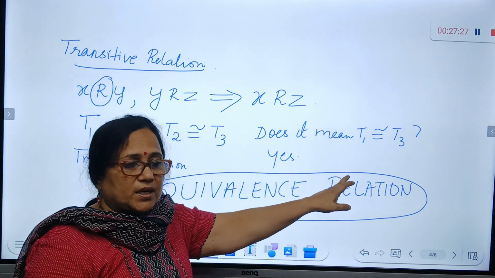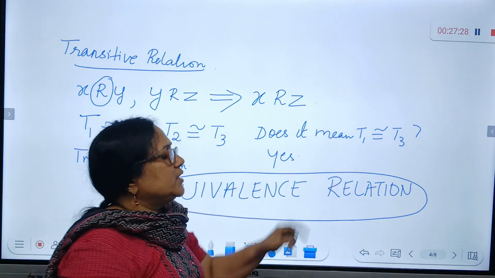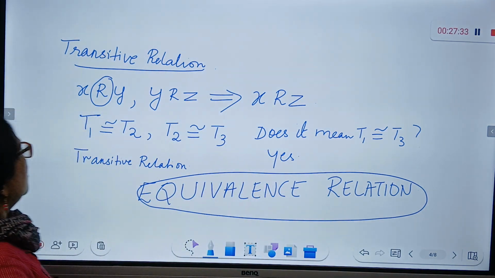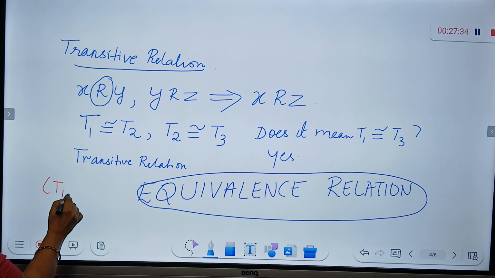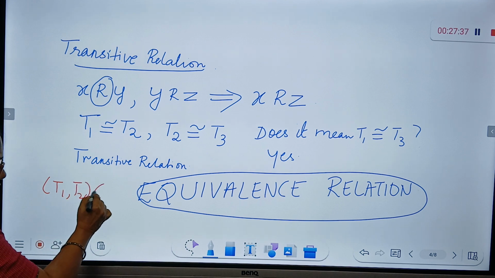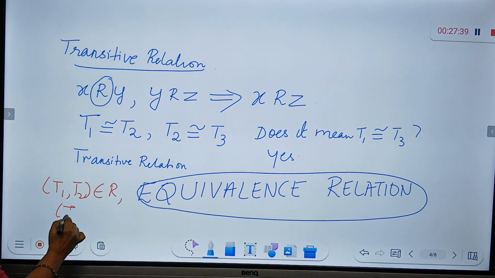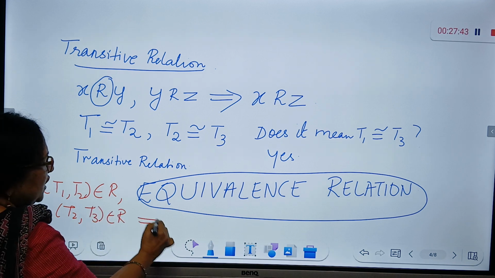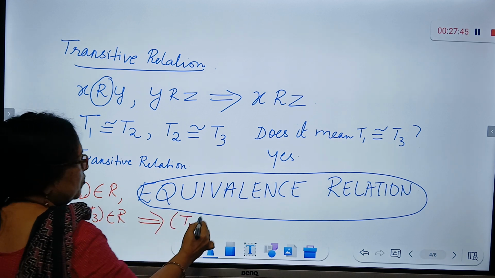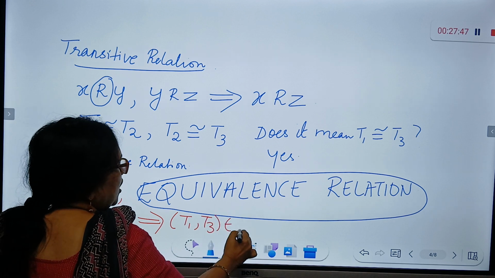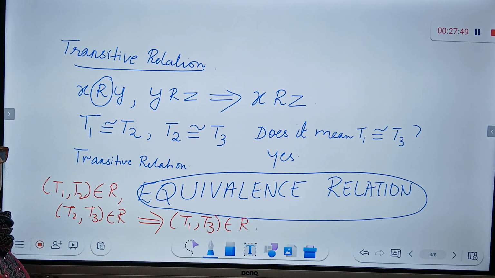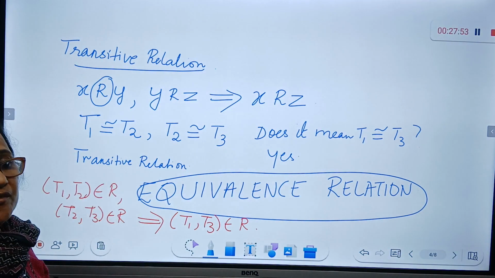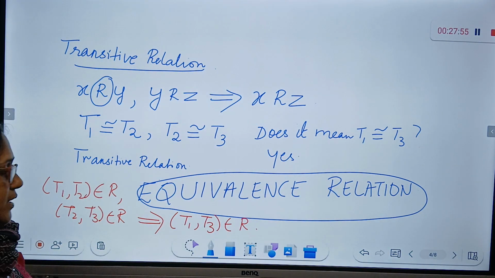You all know the answer, right? Yes, T1 is congruent to T3. So it's a true statement. If T1 comma T2 belongs to R and T2 comma T3 also belongs to R, definitely it implies T1 comma T3 belongs to R for any and every choice of T1, T2, T3 coming from the set A, which is the set of all triangles.